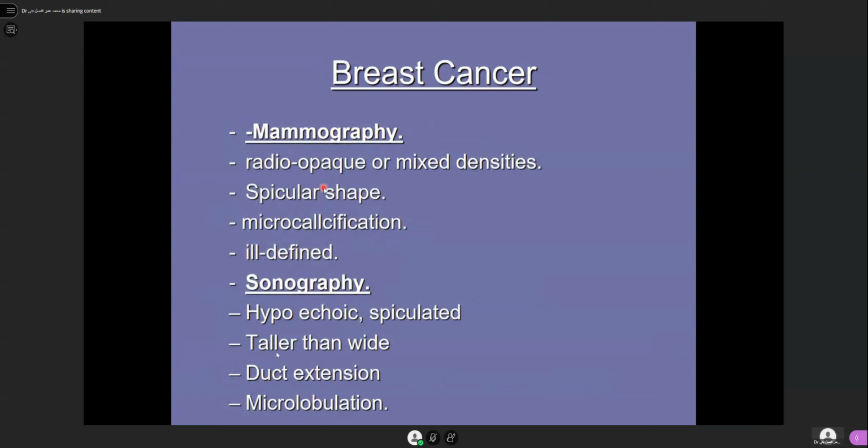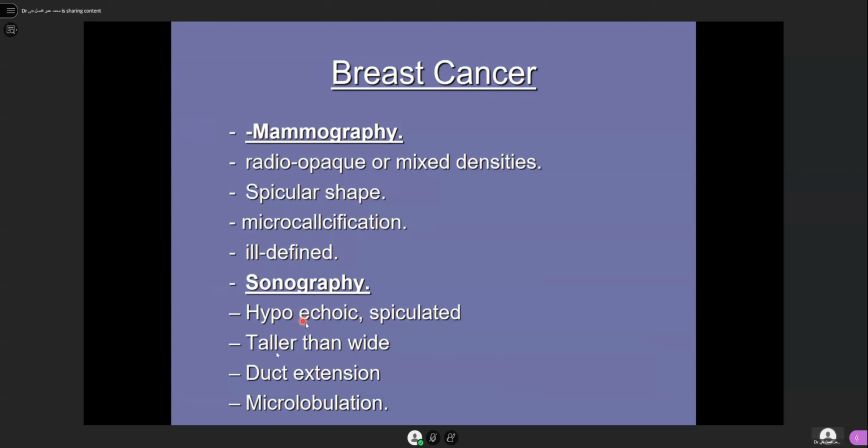On mammography, breast cancer will appear as a radio opaque or mixed density mass with spiculated margins. Spiculated means infiltrative, star-shaped margins. There will be microcalcification and the mass will be ill-defined.